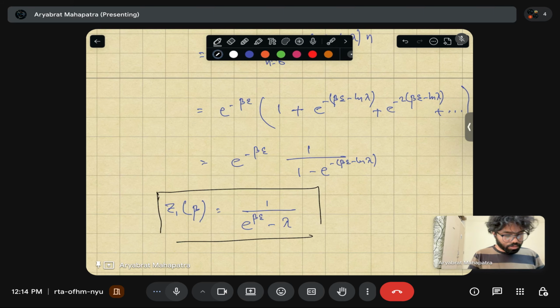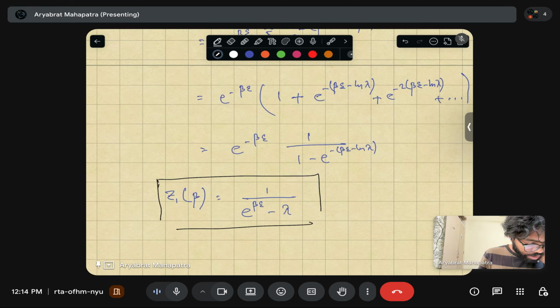Now let me just see if I'm missing something. Okay, that is fine.